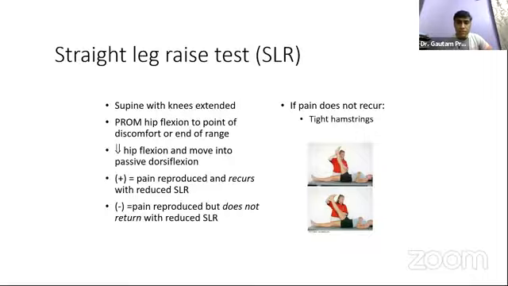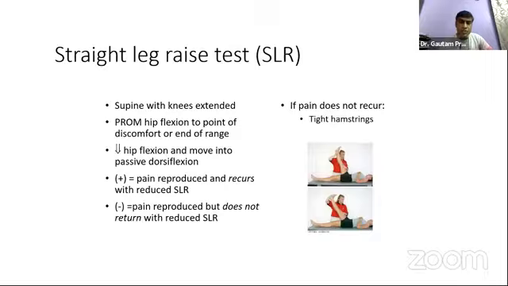Special test, the SLR test. Now remember, every nerve has got some play. So whenever we do an SLR, in which the patient is lying supine, keeping the leg straight, we do passive flexion at the hip joint. You raise the leg, keeping the knee fully extended.